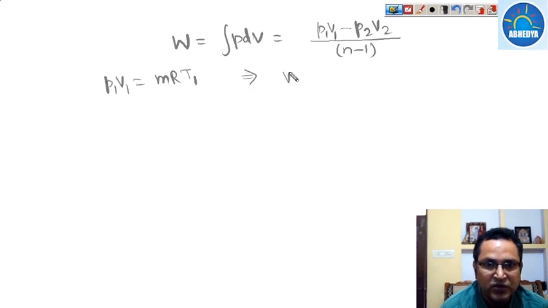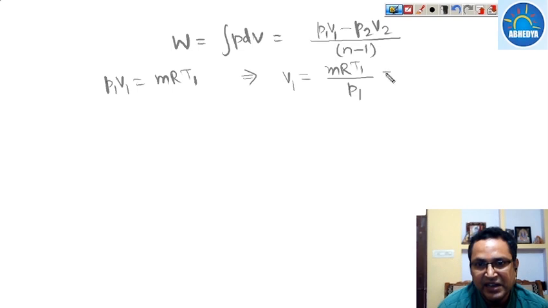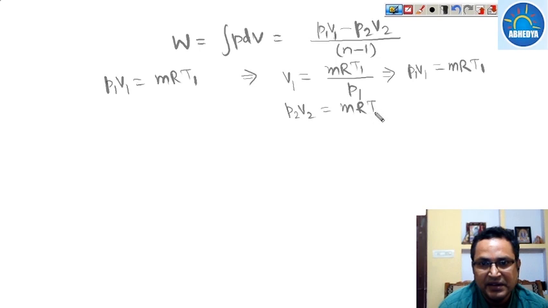So V1 can be equal to mR T1 upon P1, or P1 V1 can directly be written as mR T1. Similarly P2 V2 is equal to mR T2. Now put the values and get the answer. So this PdV work is not equal to that one just because it is not your quasi-static process.